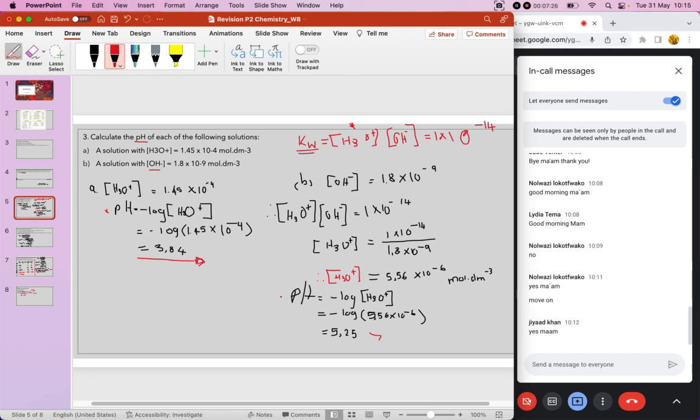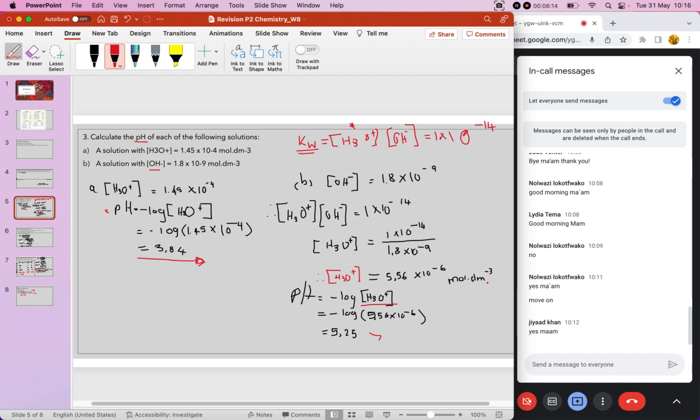Because remember, your pH equation requires the concentration of H3O plus, not of OH minus. We equate this to 1 times 10 to the power negative 14, and make the concentration of the H3O plus the subject of the formula, which will be equal to 1 times 10 to the power negative 14 divided by 1.8 times 10 to the power negative 9, and you will get the concentration of the H3O plus to be 5.6 times 10 to the power negative 6 mole per dm cubed.